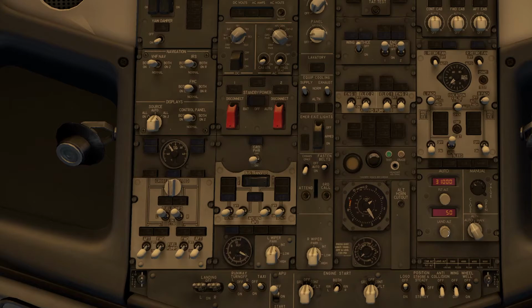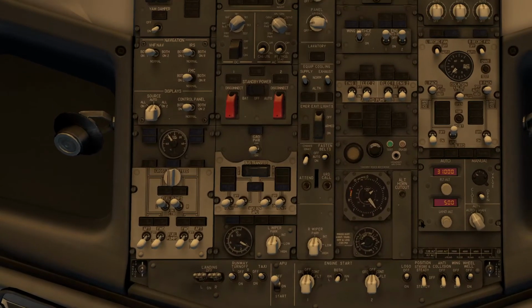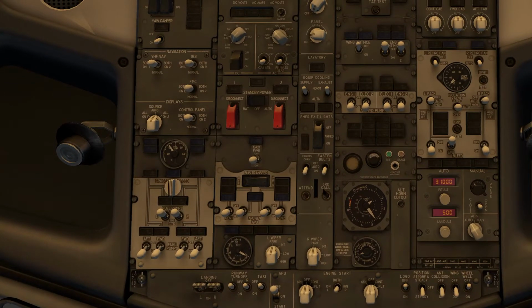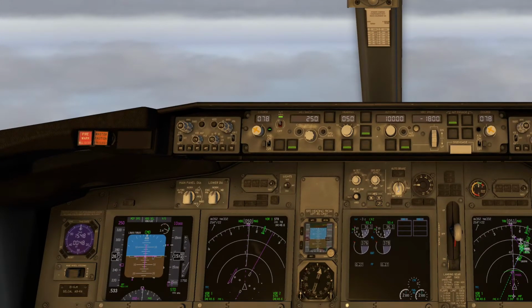A 500 feet landing altitude. Passing now flight level 155, seatbelt sign can be on. Auto brakes we can use 3.